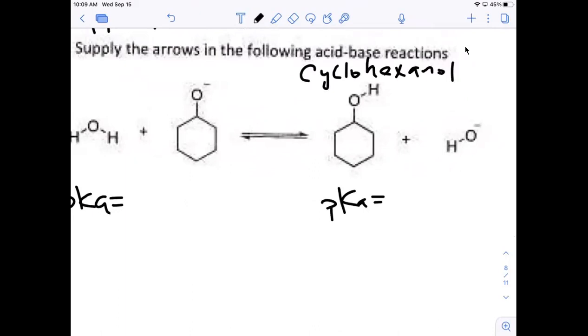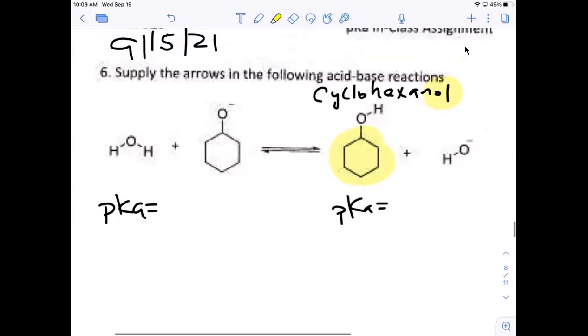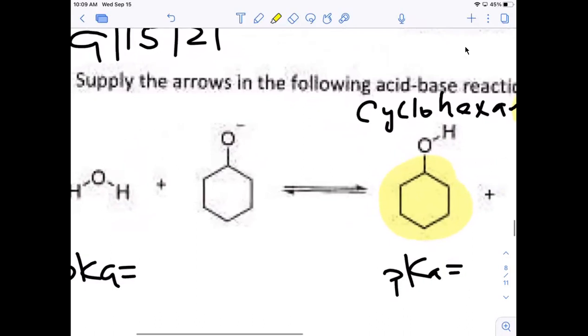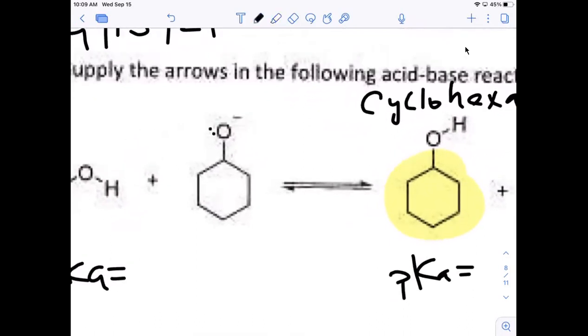And it's cyclo because of the ring, hex because it's 6 carbons in the ring, and then ol because it's an alcohol. We'll have a section on nomenclature later. All right. So somebody look up the pKa for water. 15.7. Okay, great.